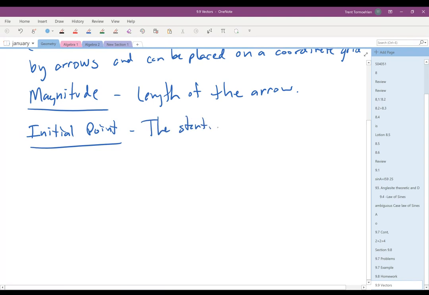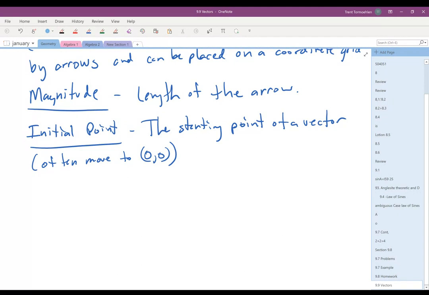One of the things that we're going to do to help us with the math behind vectors is move it to the point 0, 0. The origin allows us to do much easier math. So we're going to take a vector that's somewhere in the plane, it doesn't matter where it is, and move it to 0, 0 as its initial point.